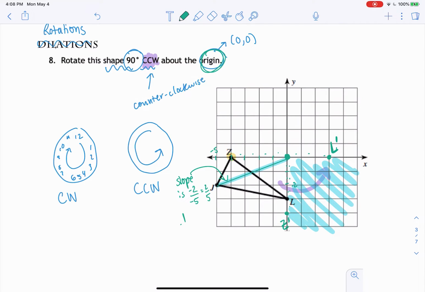To get the perpendicular slope, we're going to take the opposite. So it was positive, now it's negative. Reciprocal. So flip the numerator and denominator. 5/2. So from here, we're going to go to the right 5, 1, 2, 3, 4, 5, and down 2. And we will get J prime. That's not correct. I'm sorry.